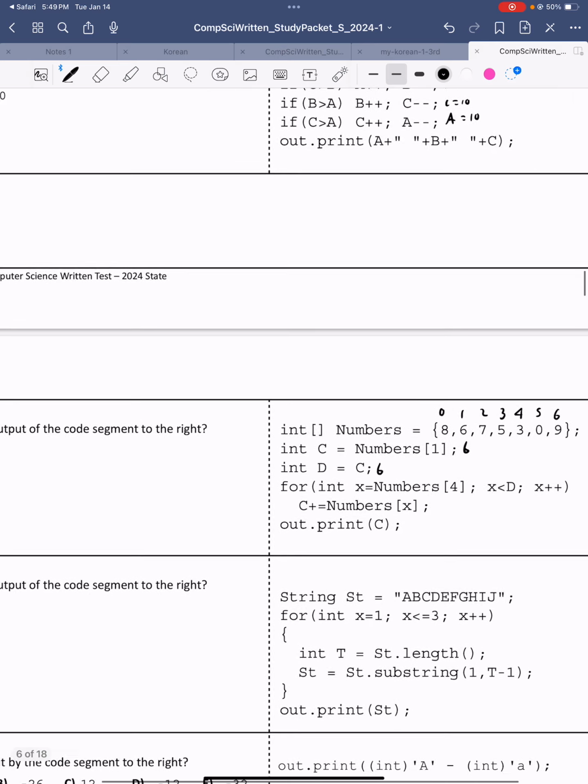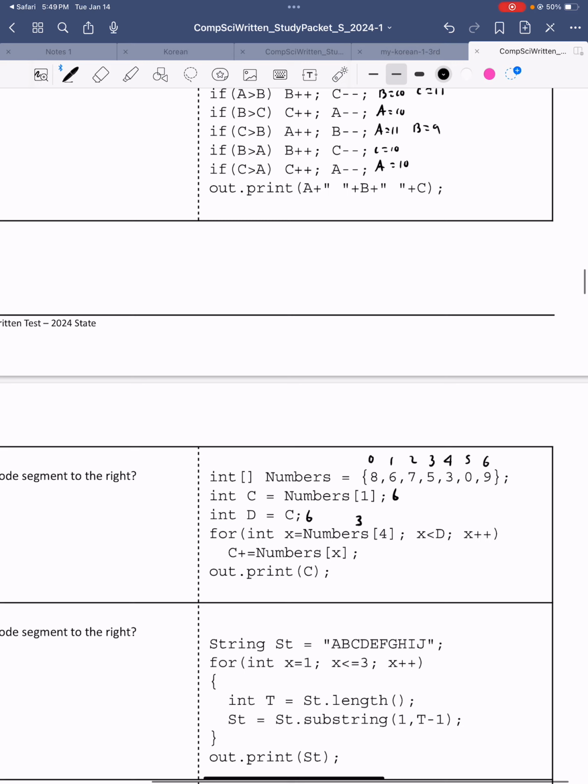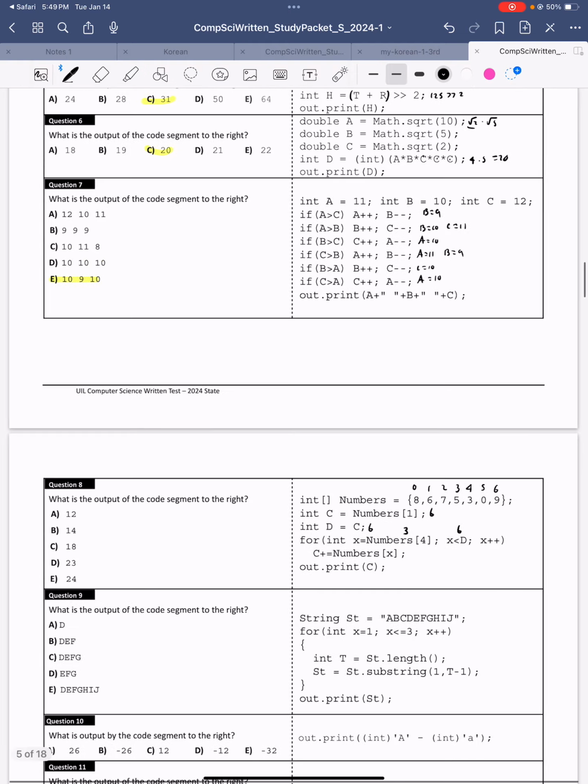X equals numbers of 4, which is 3. And X is less than D, which is 6. We're going to add numbers of X to C. So it's going to be 6 plus. So the first round, numbers of 3 is going to be 5. Plus, this becomes 4.